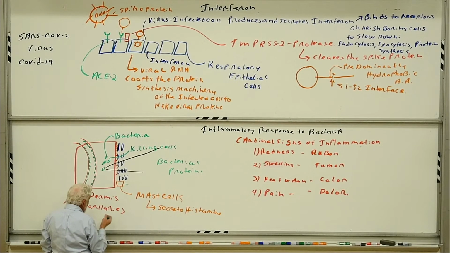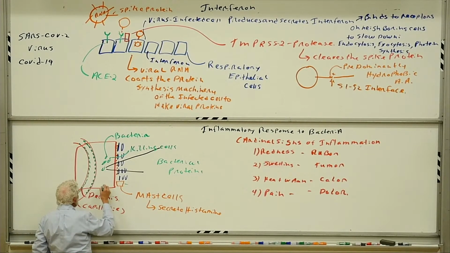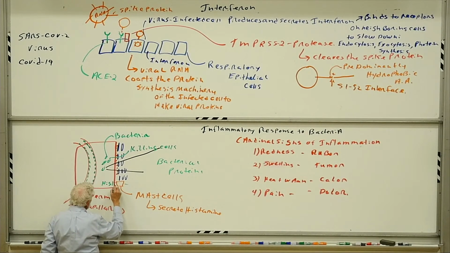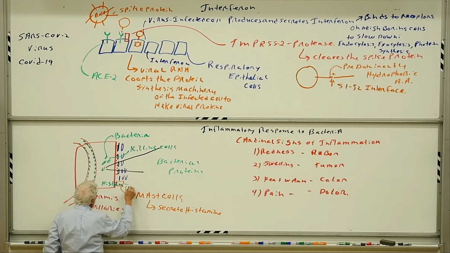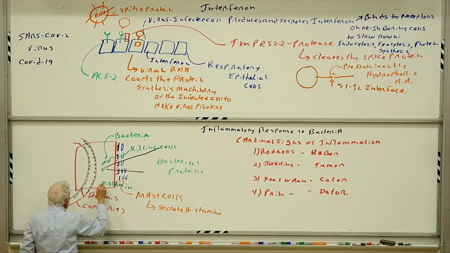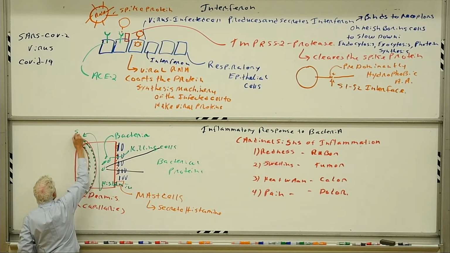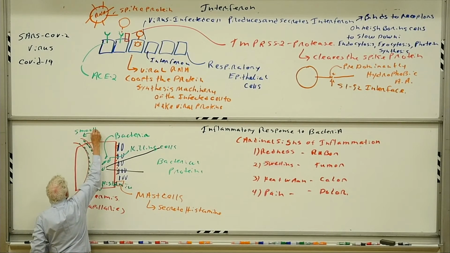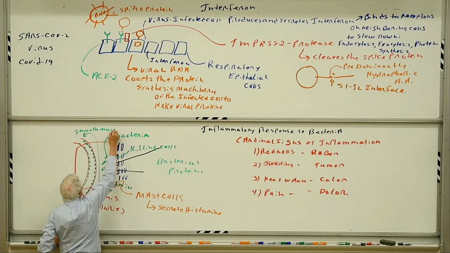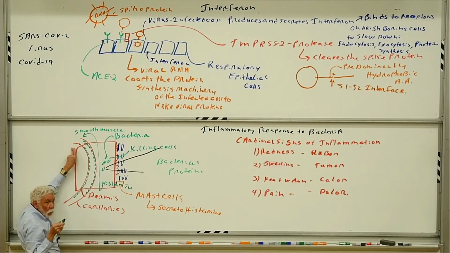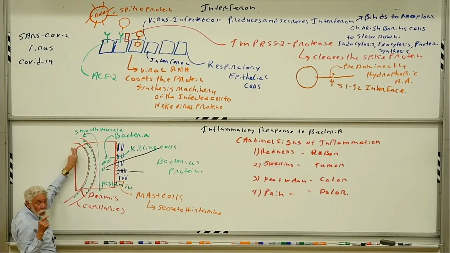One of the things that the histamine does is it will bind to smooth muscle. It will bind to smooth muscle on the arterioles. Now, we talked about the alpha-1 receptors causing that smooth muscle to constrict.